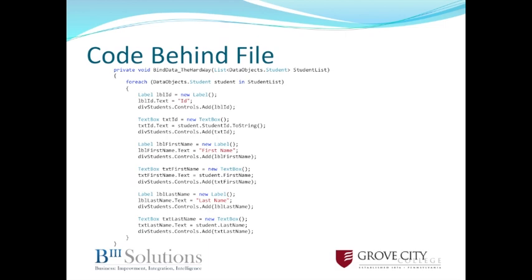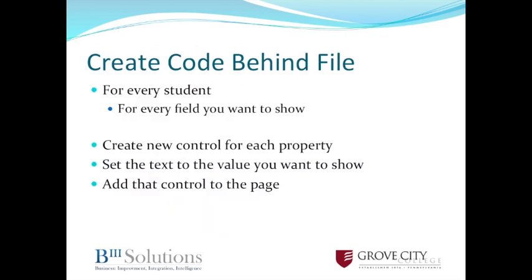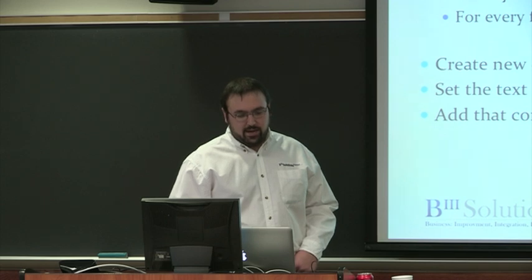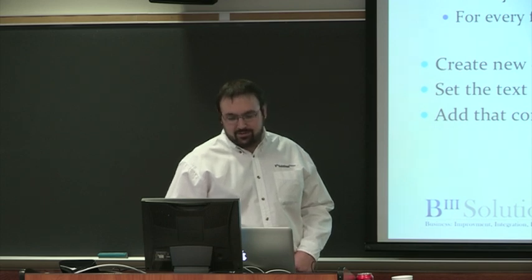And it's binding one for the primary key, for the name, and the last name. It's a little messy, but I think it'll work. And hey, we're just trying out things, so we'll see what happens. For every student, we're making a separate label for each thing we want to show, for each property. And then we're adding this to the page.